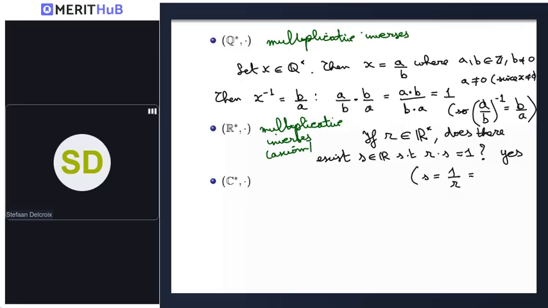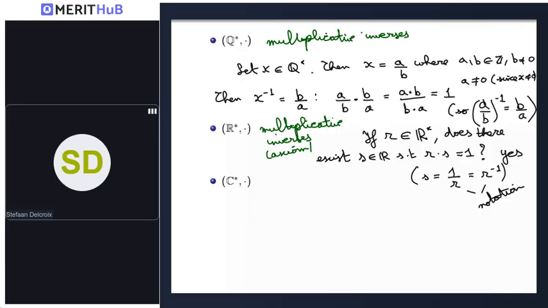That would be r to the power -1. But these are really just notations. 1 over a real number is just another notation for the inverse. So real numbers we accepted.